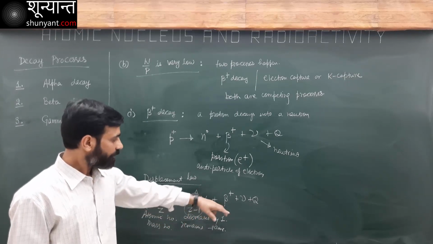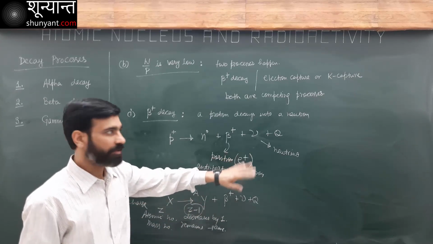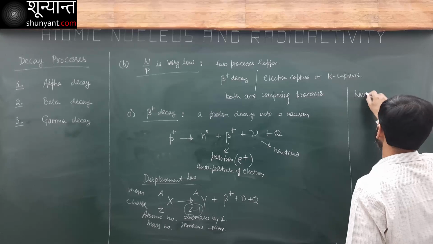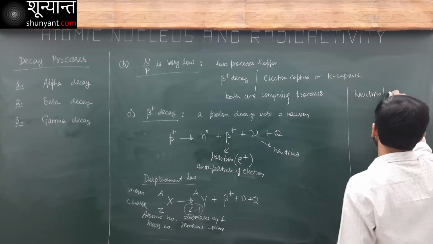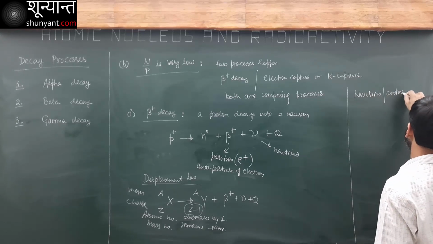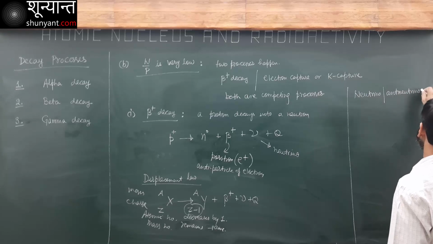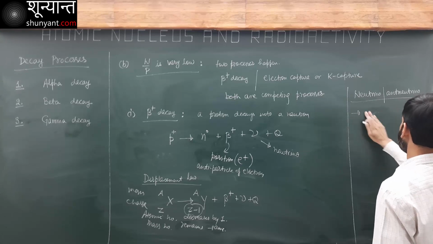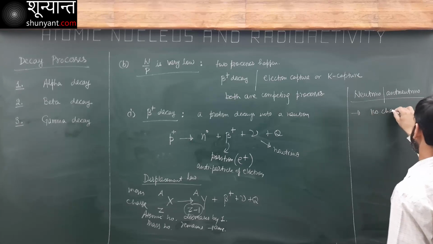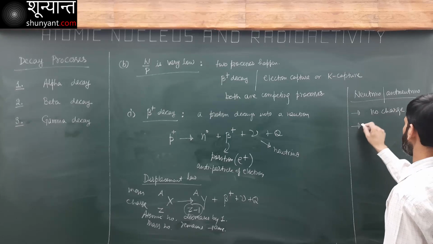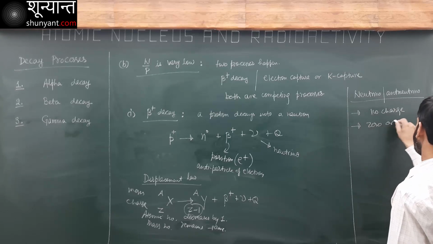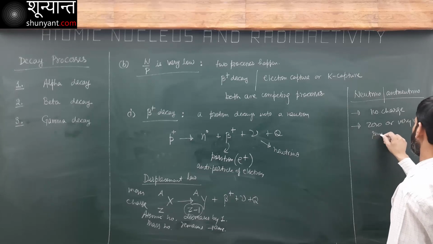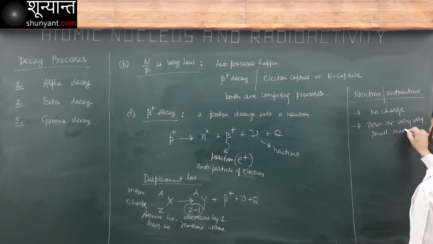Now what about these two particles, neutrino and antineutrino? Neutrino, antineutrino: chargeless, no charge, zero or very small mass.